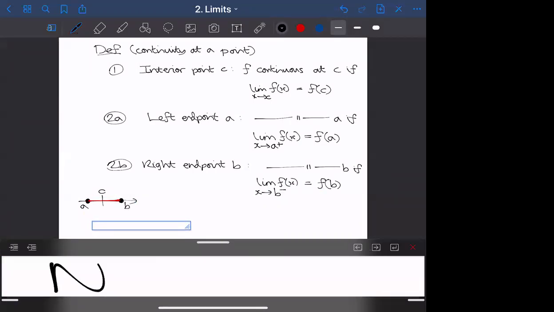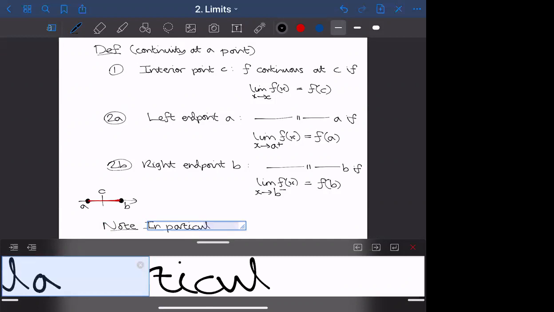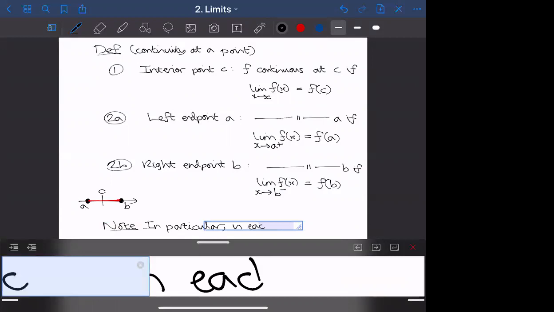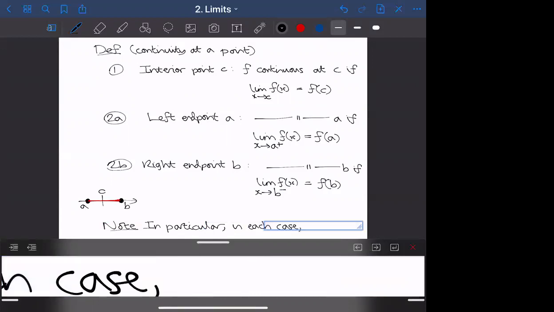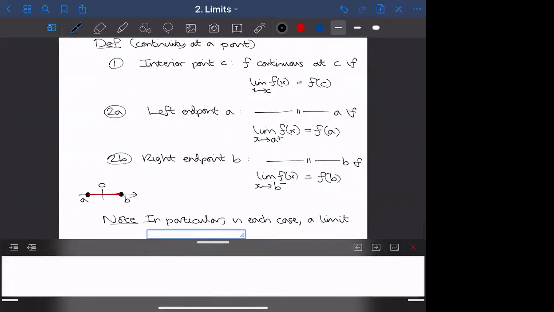So note in particular, to be continuous at a point, in each case, a limit must exist. So at an interior point, the usual limit must exist.